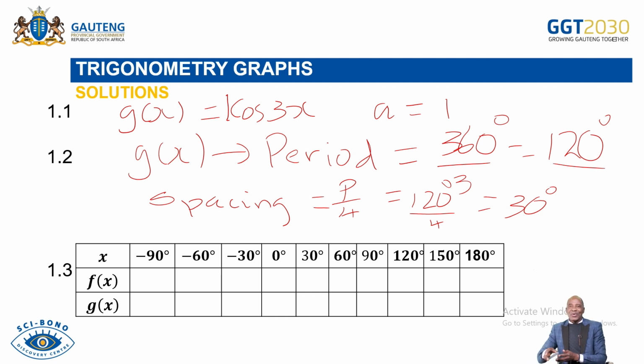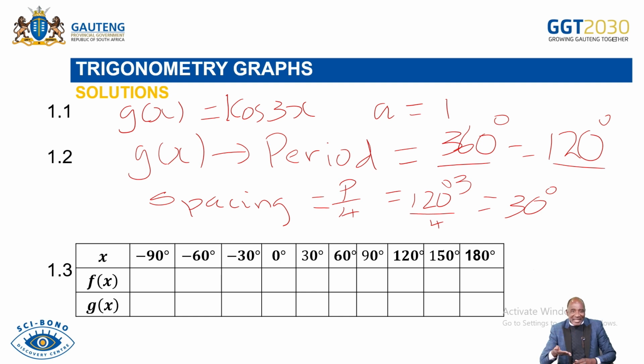I'm going to give you a minute to complete the table. Then when you come back, we are going to complete it together so that you can see whether you are on the right track. And let's make sure we use the calculator. Don't substitute point after point. If probably you haven't been here before and you are not sure as to how it's done, you will try it point after point, substituting one angle at a time. You will see how much time you take.